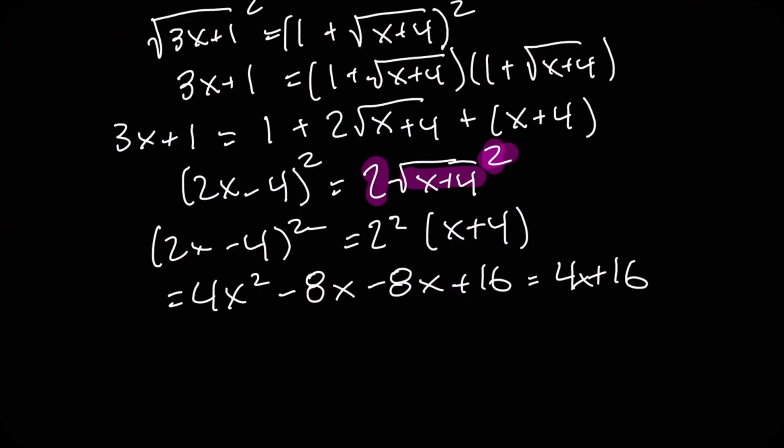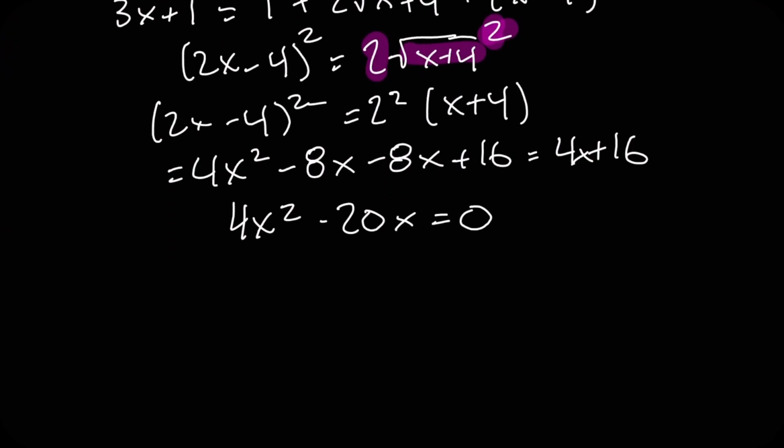So further reducing, you're left with 4x squared minus 20x, and that's going to be all equal to 0. And now we can pull out a 4x, and we're left with 4x times x minus 5, and that's going to be equal to 0.